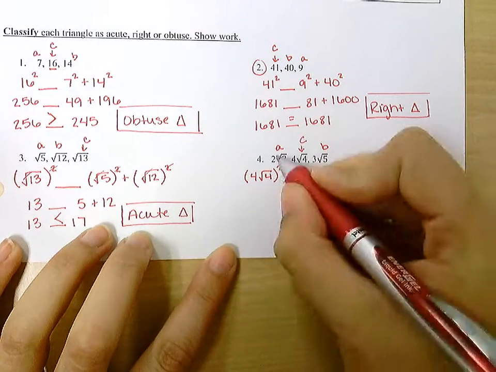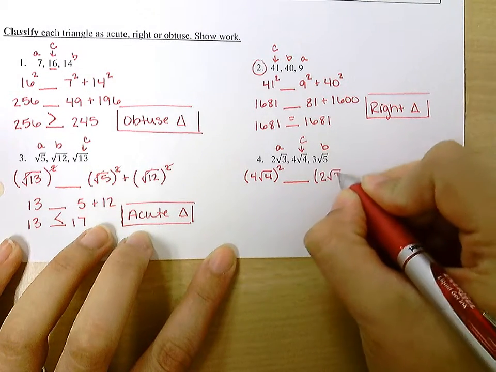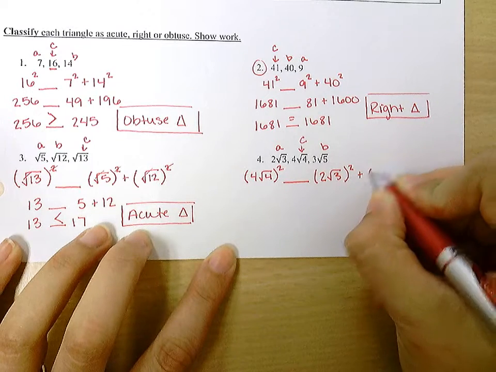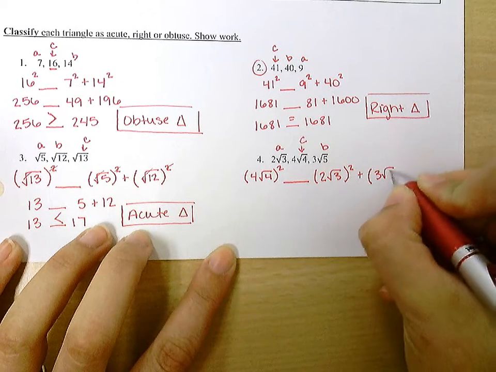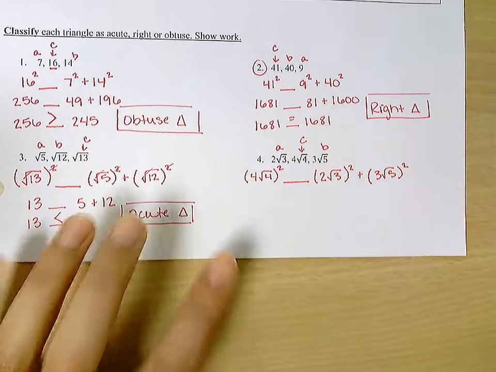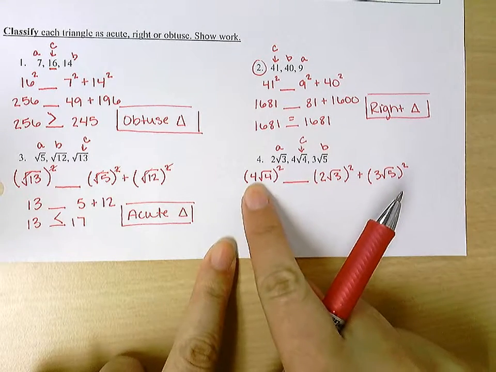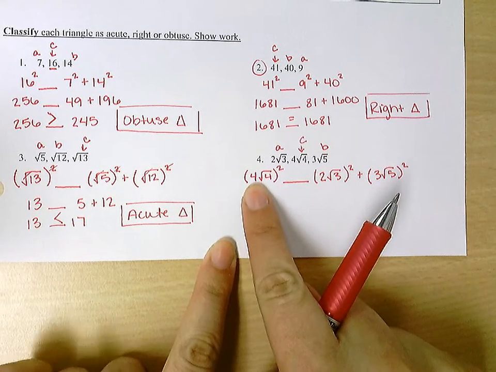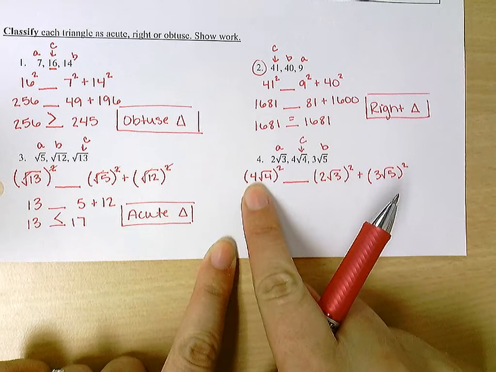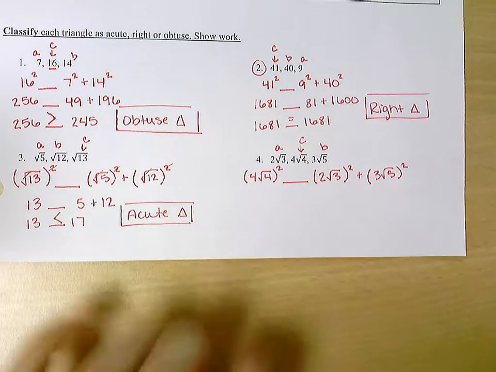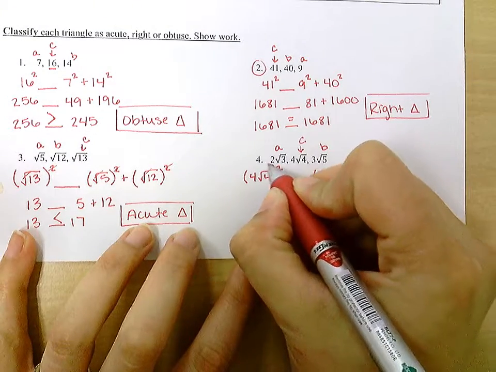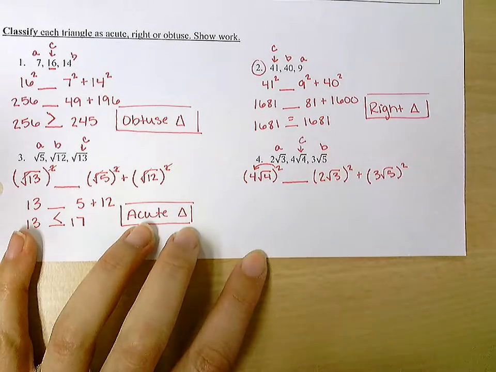Next, we're comparing our A squared value, so 2 square root of 3 squared, plus 3 square root of 5 squared. Now with this one, you have to be careful. Yes, your square and your root cancel each other out just like they did before, but you have this constant or number on the outside of your radical or square root symbol. So you do have to distribute this square to both of these numbers.